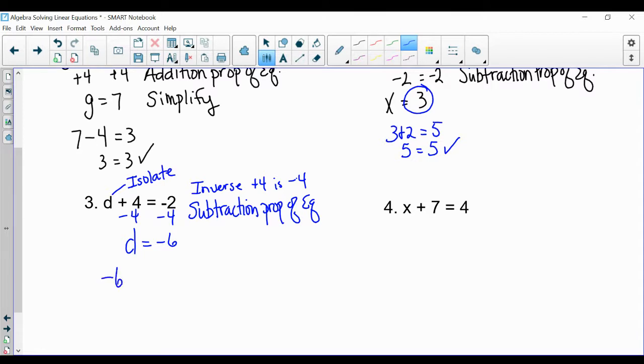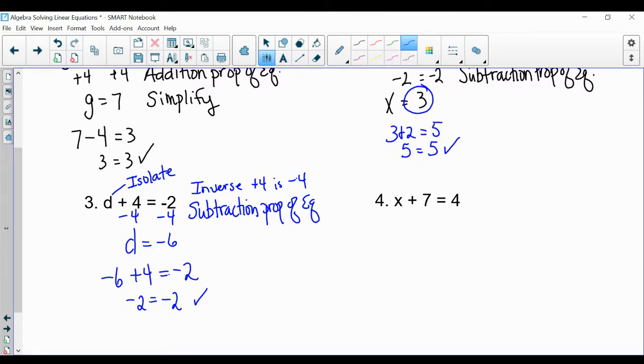Just to check it, negative 6 plus 4 is equal to negative 2. Negative 6 is the bigger number, but the signs are different, so I need to subtract. 6 minus 4 is 2, and 6 is larger, so it becomes a negative. Therefore, it checks. Okay, let's do the last one, and then I'm going to stop the video.